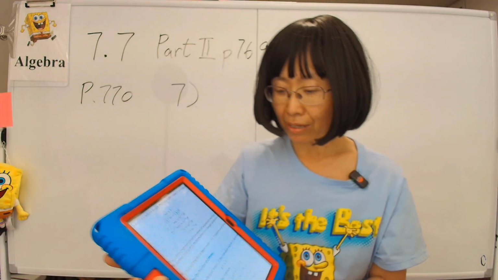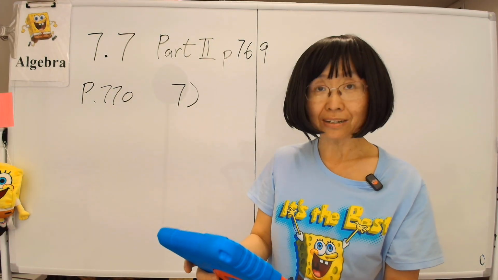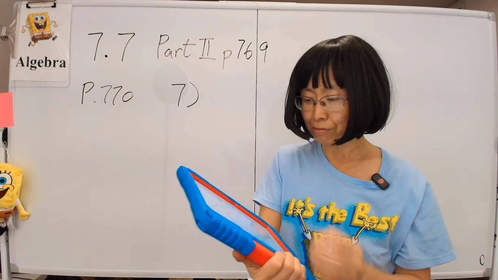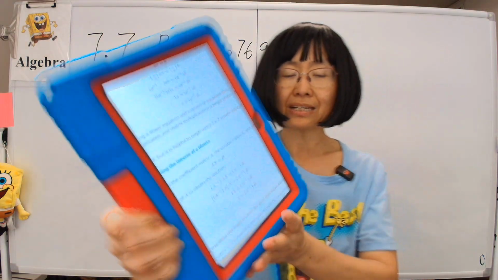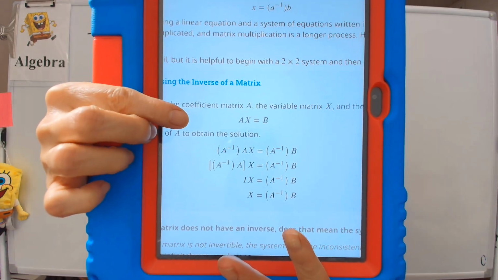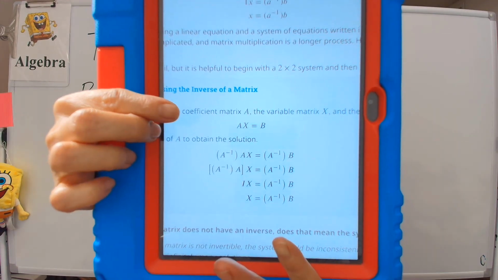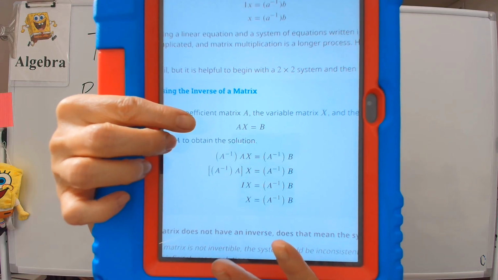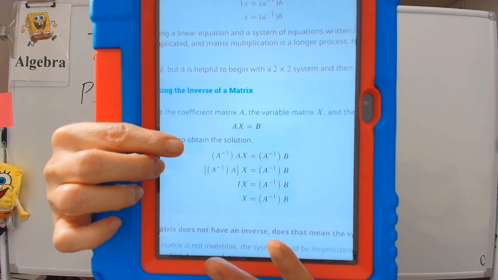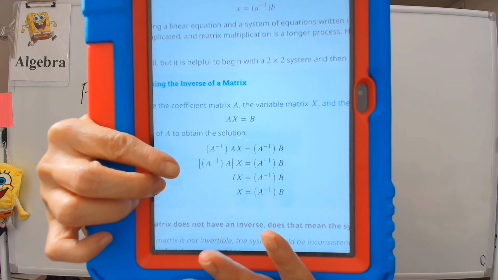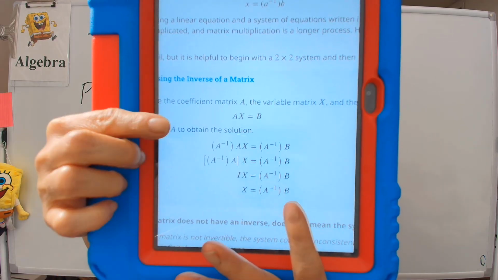Now the same pattern applies to matrices as well, and that is how we're going to solve the equation. Let's say we have A times X equal to B, where A and B are matrices and X is the variable. We multiply by the inverse of A on the left, and A inverse times A gives us 1, the identity matrix, which multiplying anything is just itself.